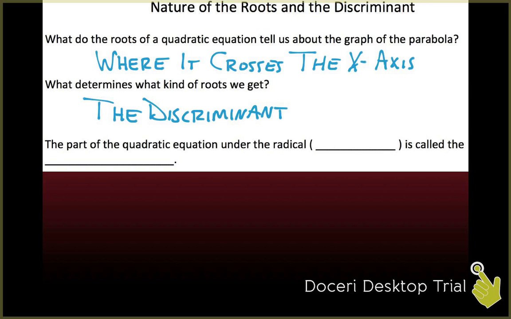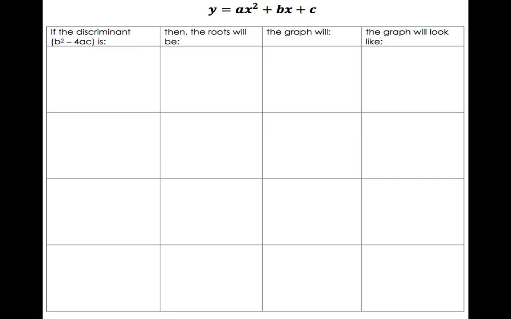So if you remember, it's x equals negative b plus or minus the square root. So b squared minus 4ac is called the discriminant. B squared minus 4ac, that's the discriminant. So we're going to be dealing with just that small piece of the quadratic formula right now. So we're going to fill in this table.